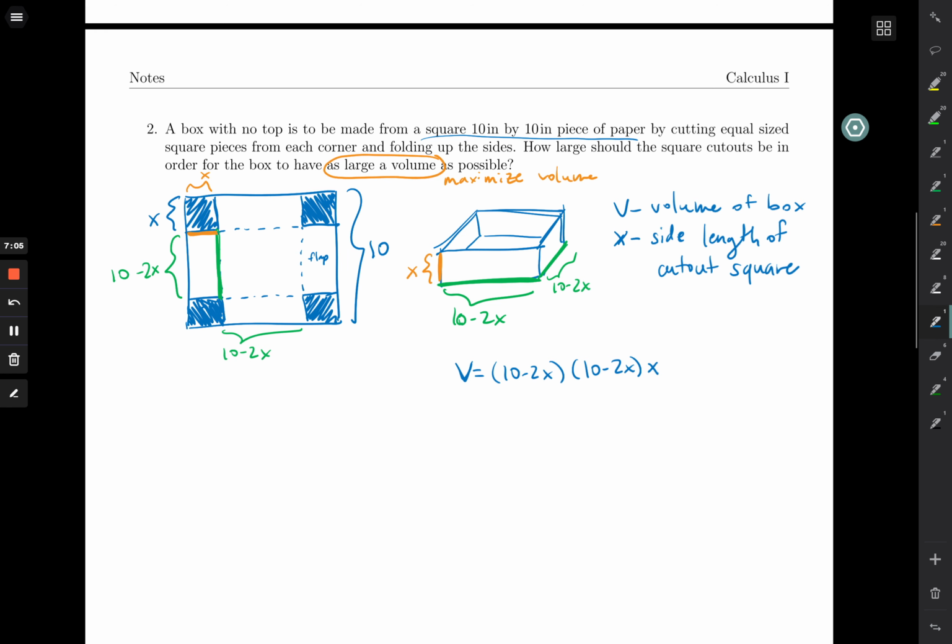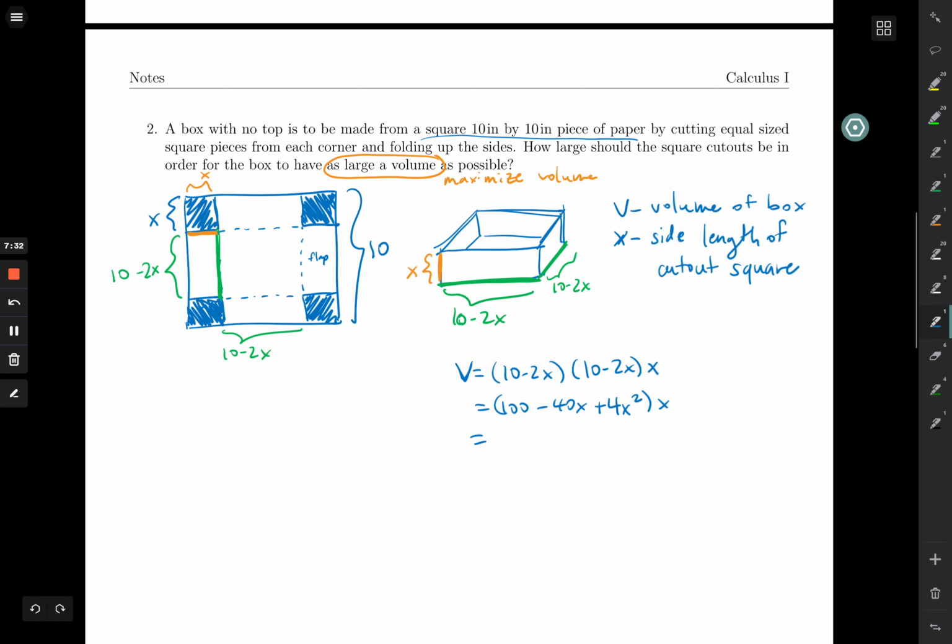So I'm going to go ahead and multiply this out. That'll make it much easier to take the derivative, which we'll need to do. So that will give us 100 minus 40x plus 4x squared, and then we'll need to multiply this by x.